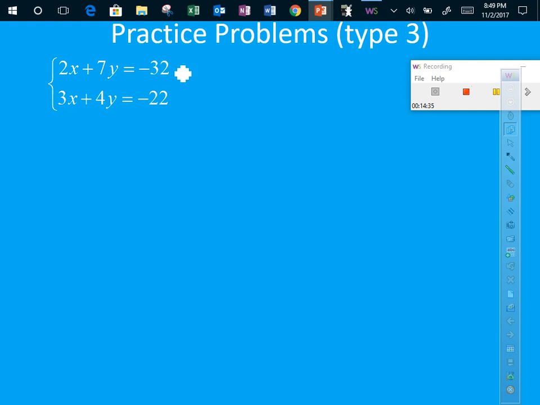Notice that if I add, nothing's in common. I can't turn a 2 into a 3 very easily, and I can't turn a 4 into a 7 very easily. So you got to ask yourself, what could you do maybe?